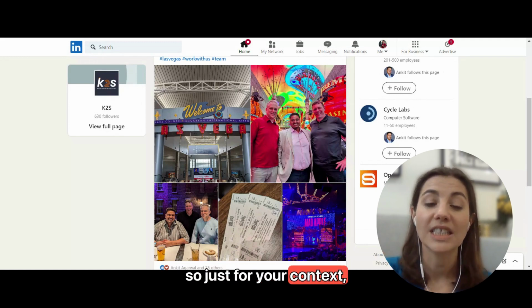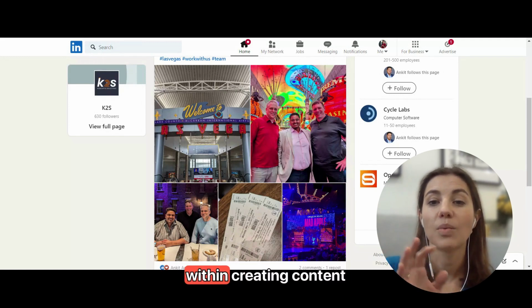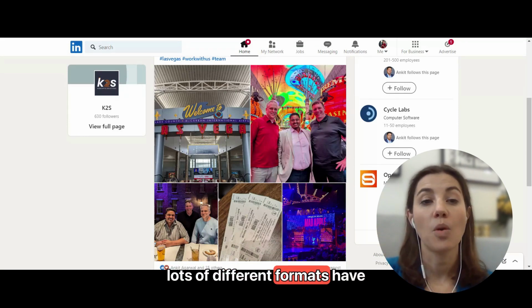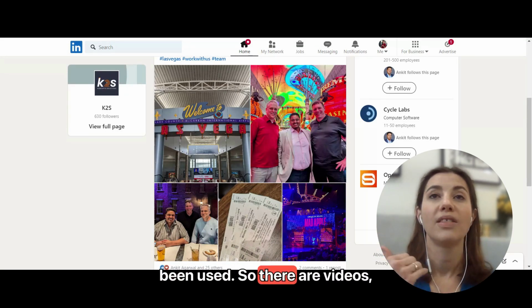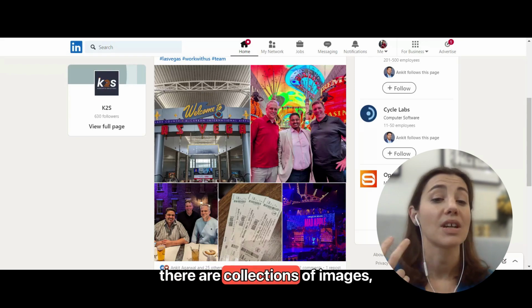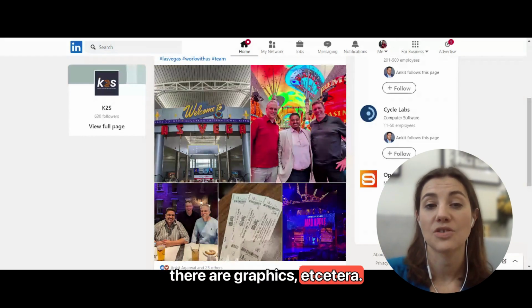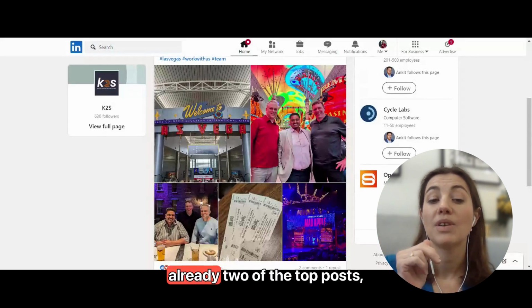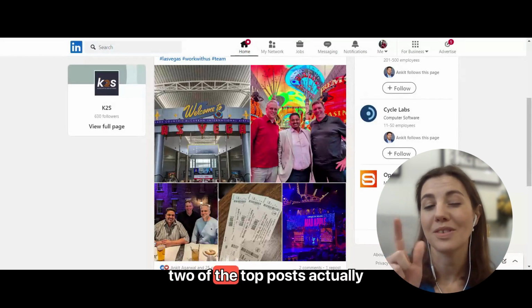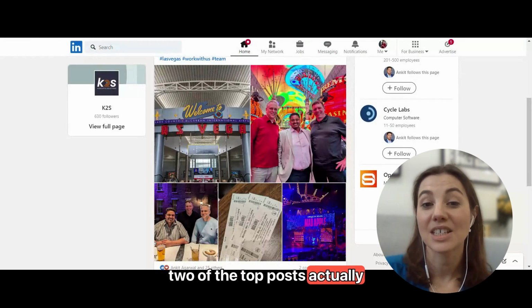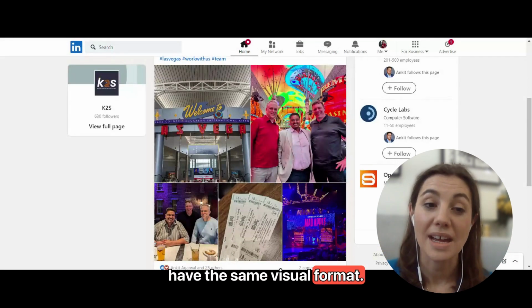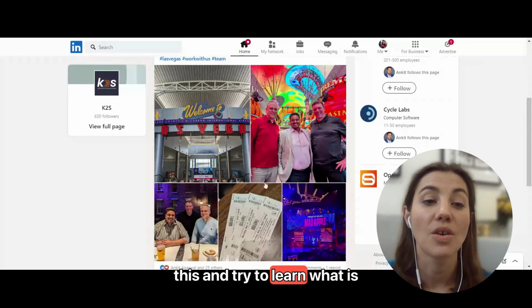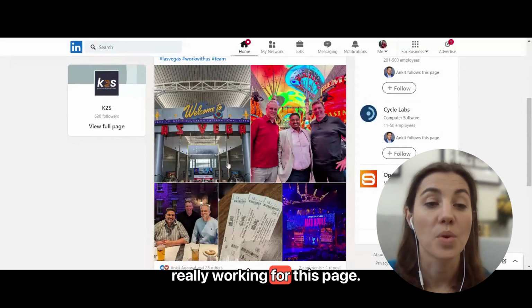For context, lots of different formats have been used for this page: videos, images, collections of images, graphics, etc. Reviewing the results, it's really interesting to see that two of the top posts have the same visual format. That's a really interesting insight as we try to learn what is really working for this page.